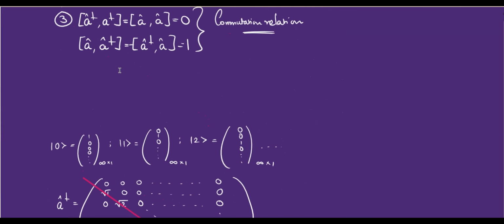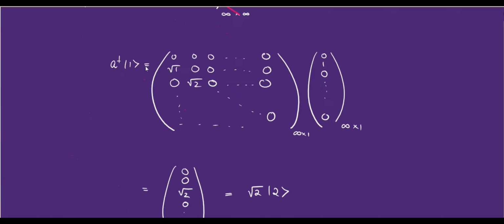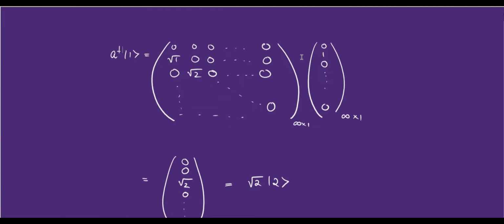This is an infinite cross 1 matrix, if you don't have any cutoff dimensions. When you act on this, you will get 0 0 root 2 0 0, again an infinite cross 1 matrix, and you can write this as root 2 into the state 2. This is exactly what a creation operator will do when it acts on the number state 1. So this matrix representation is indeed valid.